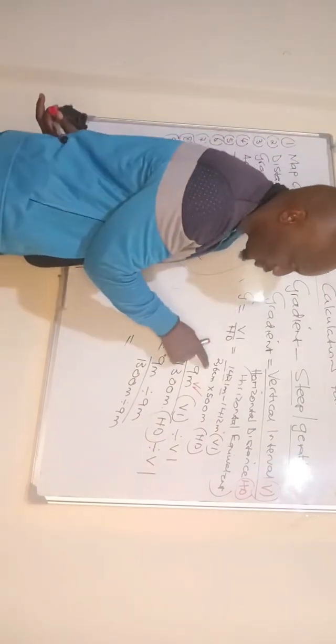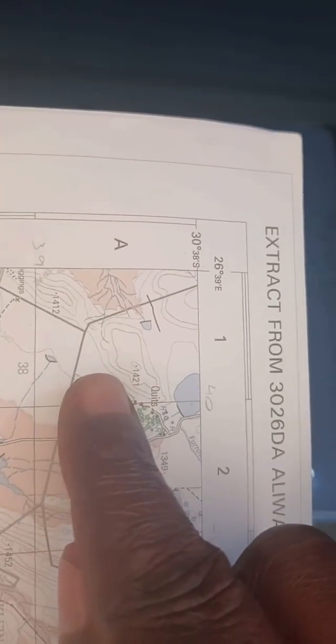For our horizontal equivalent, the same way we calculate distance, remember I had shown it just now, we measured the distance between our two spot heights, from here up to there, and we got 2.6 centimeters. We want it in meters, obviously, because our VI is in meters.